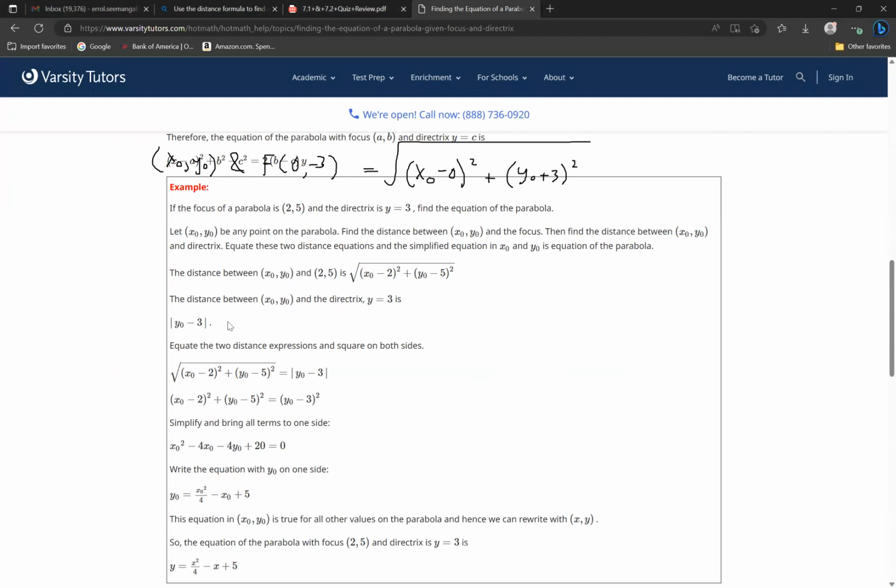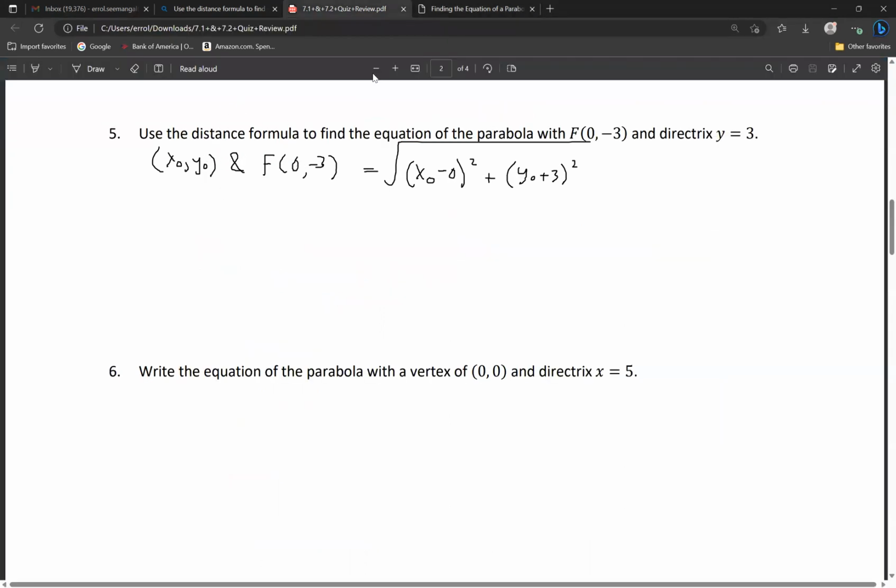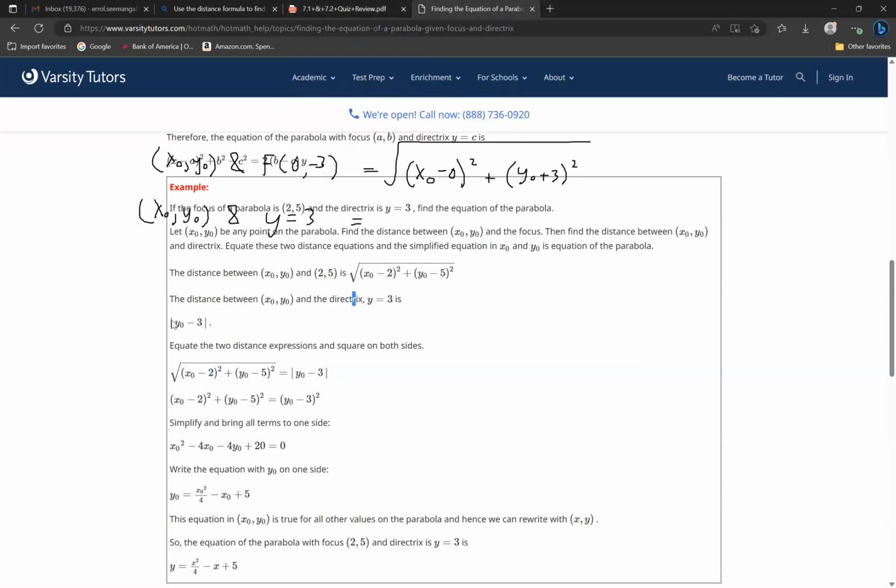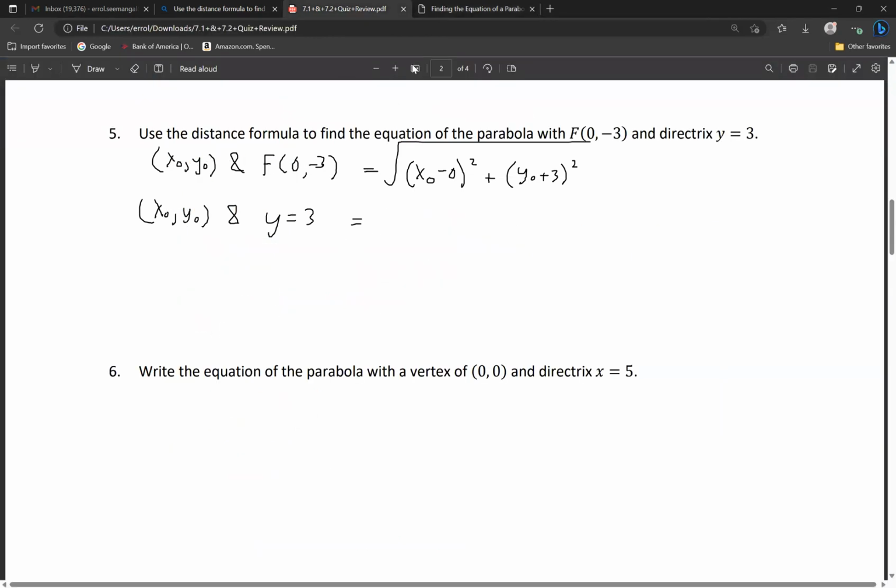Now this part, the distance between (x0, y0) and the line y equals 3, is the absolute value of y0 minus 3.